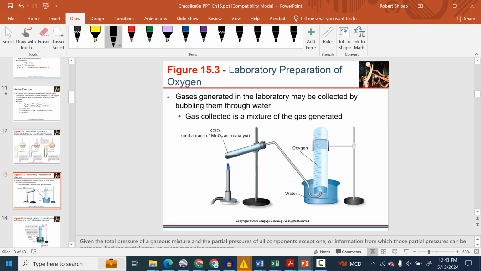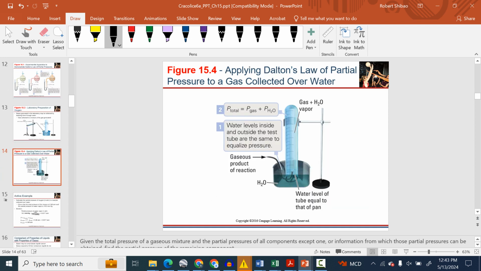And so what we say here is this: the total pressure is equal to the pressure of the gas plus the pressure of the water vapor. The pressure of the water vapor, we have tables that tell us.